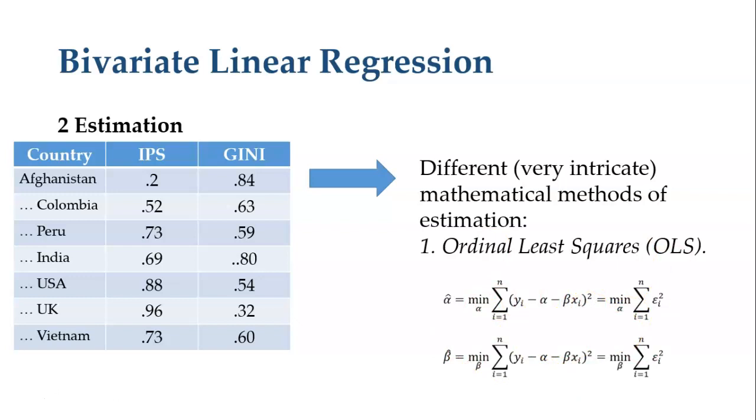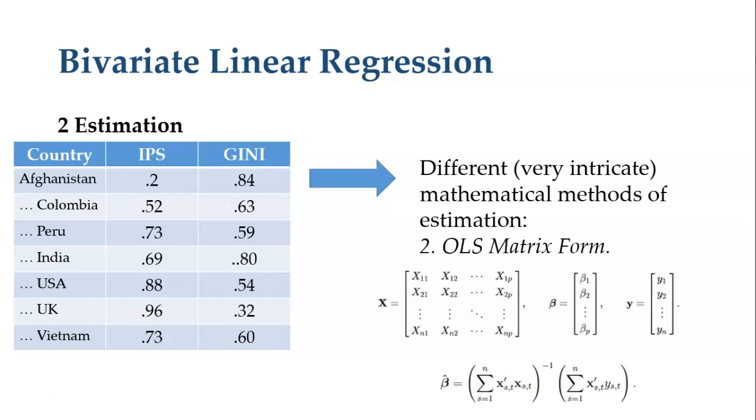And basically, what you want to have here is to diminish the errors, the potential errors in the estimation. Okay. For that reason, the linear regression is also called the best unbiased linear estimation of the relationship between your dependent variable and your independent variable.